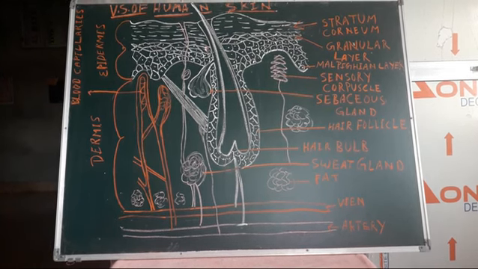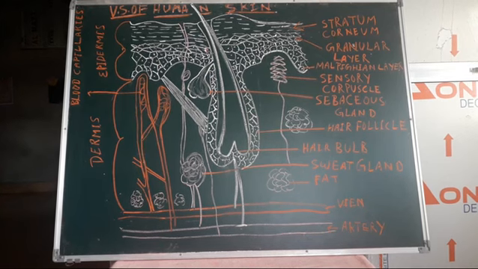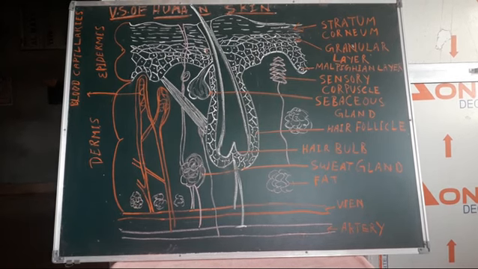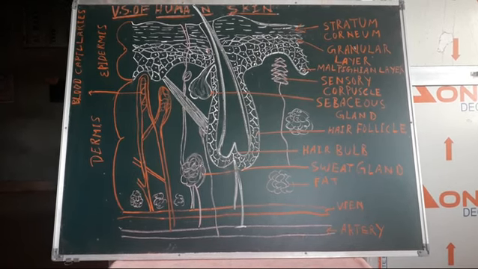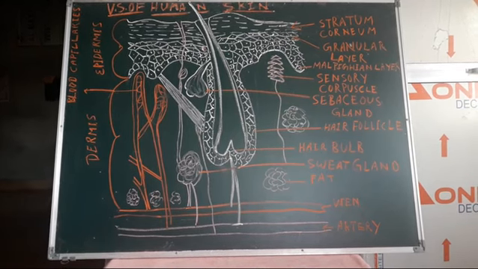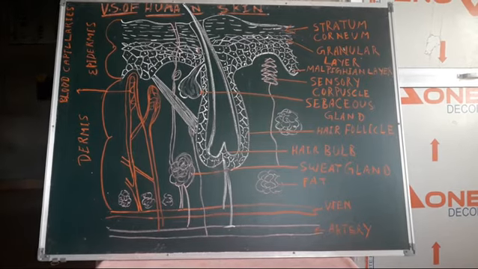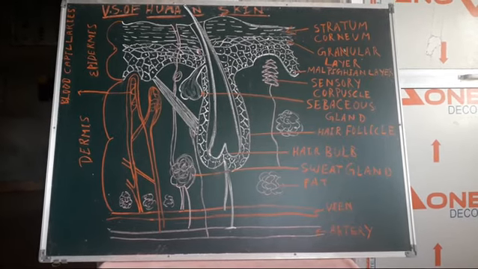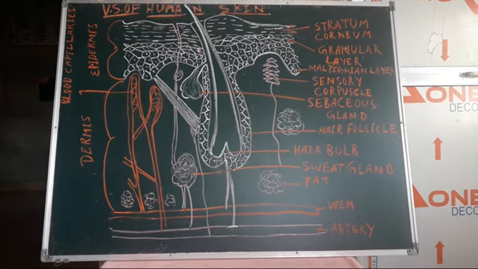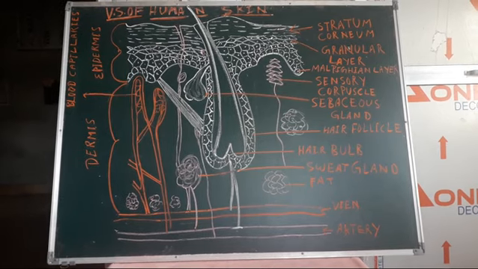Coloration of the skin. The complexion of the face is due to the pigment melanin. Melanin is the pigment present in our skin which gives the color of the body. Some people have more pigment, so they have dark coloration. Some have little, so the color is whitish. Some have a little more, so they are of intermediate color, like Indian.